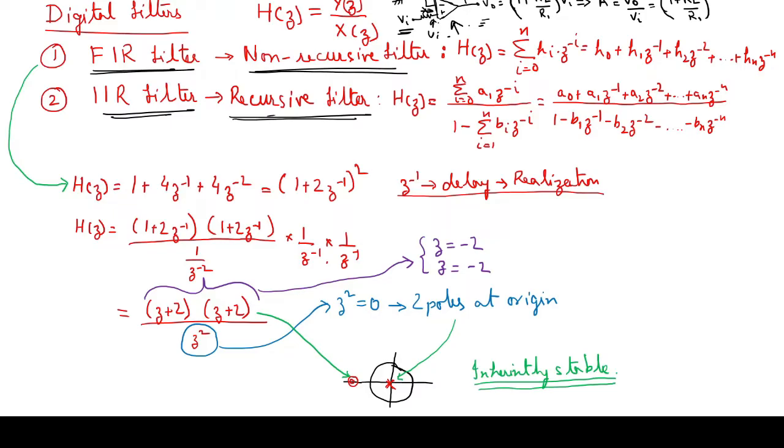So we are taking the feedback information from the present and the past outputs to calculate the present output of the system. Those kinds of systems are regarded as recursive filters. On the other hand, the FIR filters are non-recursive filters. That means they will not have any feedback loop.